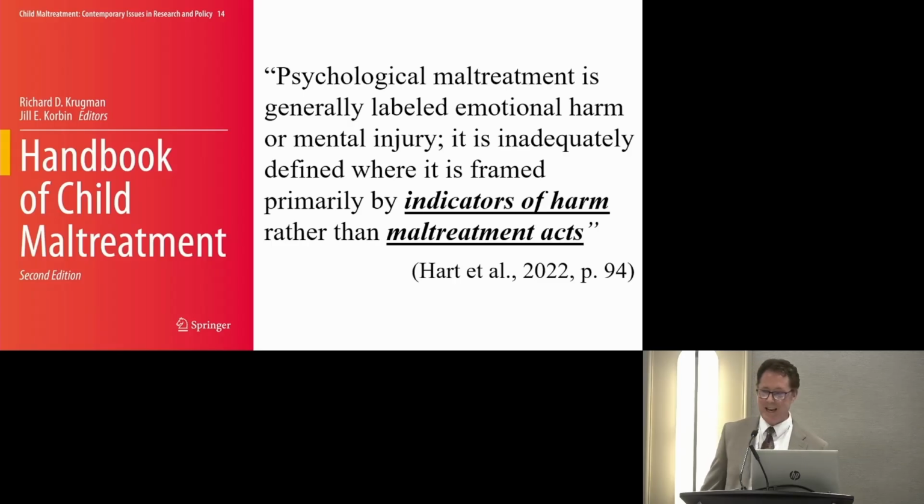In the recent Handbook of Child Maltreatment, published by Springer, Hart et al. state one of the reasons why child psychological maltreatment is a challenge to assess in cases of parental alienation: that it is often labeled as emotional harm or mental injury, which is inadequate because it focuses on indicators of harm in the child rather than acts of maltreatment committed by the parent.